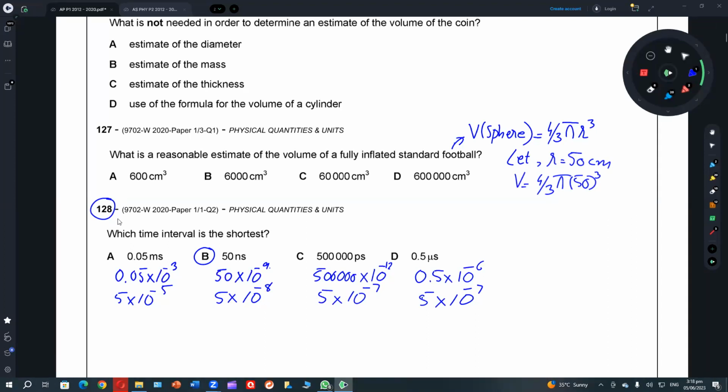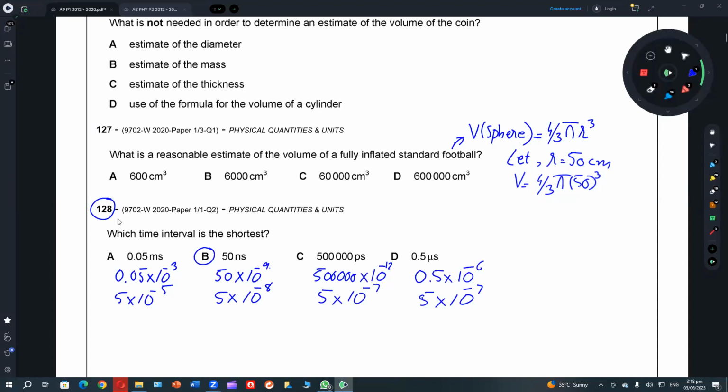Without power, it will become, like the option D, 600,000. It's almost giving the same number of zeros, like 5 zeros in my answer. Because 600,000 cm cube is very big.